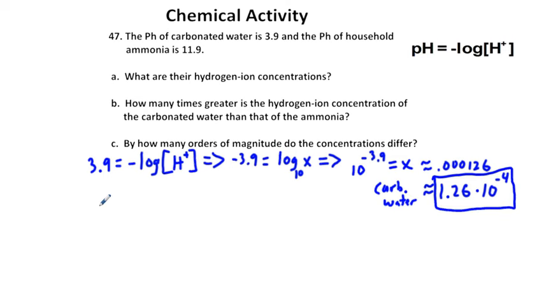And next, for this household ammonia, we're going to have very similarly negative 11.9 equals log base 10 of x. And rewriting this as an exponential function, we have 10 to the power of negative 11.9 is equal to x.